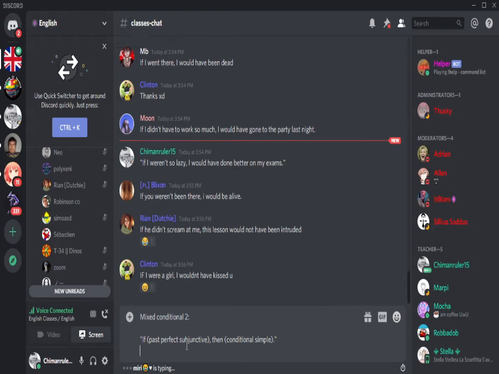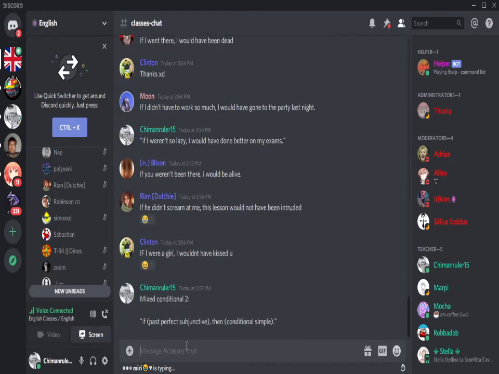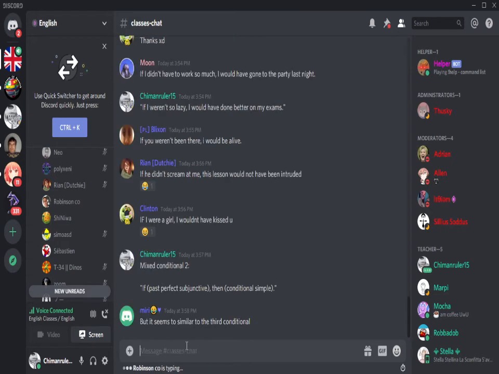Okay, so that's the form for the mixed conditional 2. It's similar to the third conditional, yeah, but it's not the same.